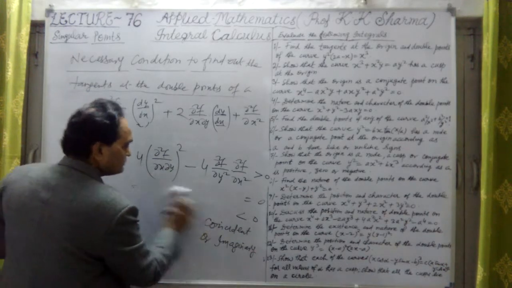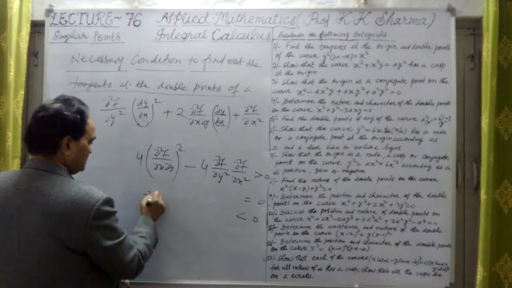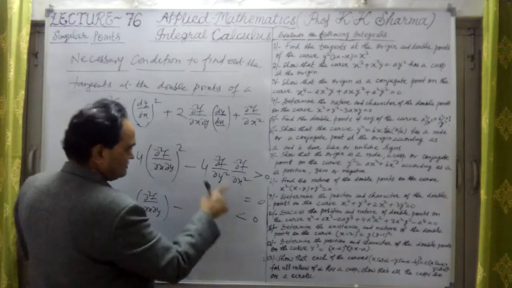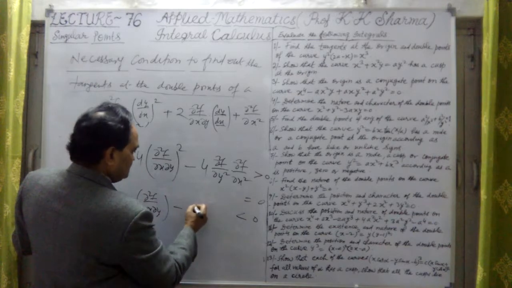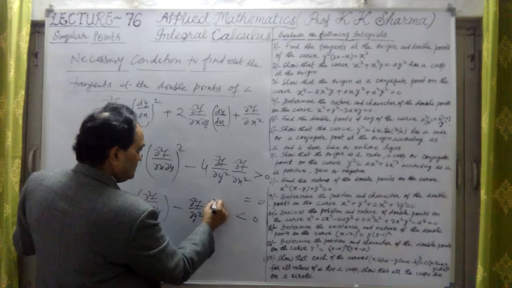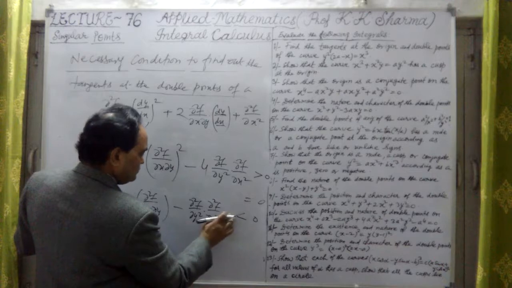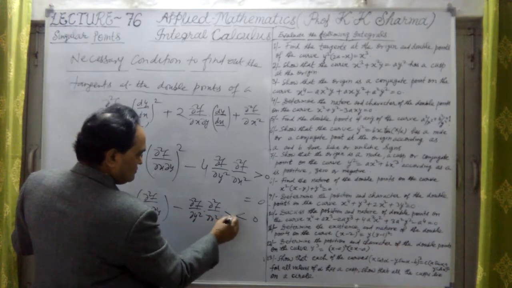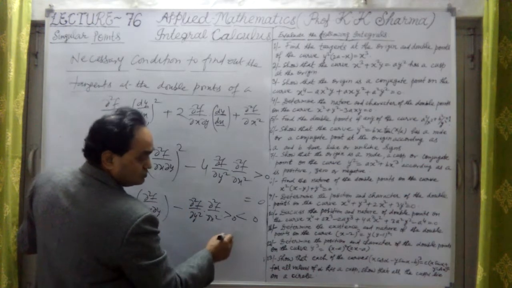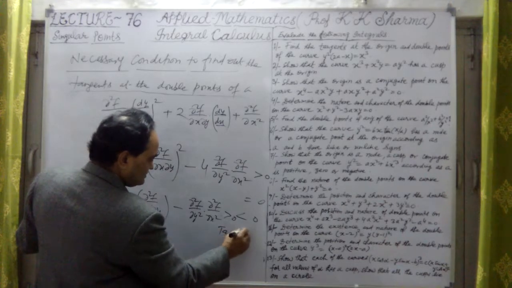If I divide this by 4, then del square f upon del x del y whole square minus del square f upon del y square into del square f upon del x square, if it is greater than 0, positive, divided by 4, no problem, then the two tangents are distinct.